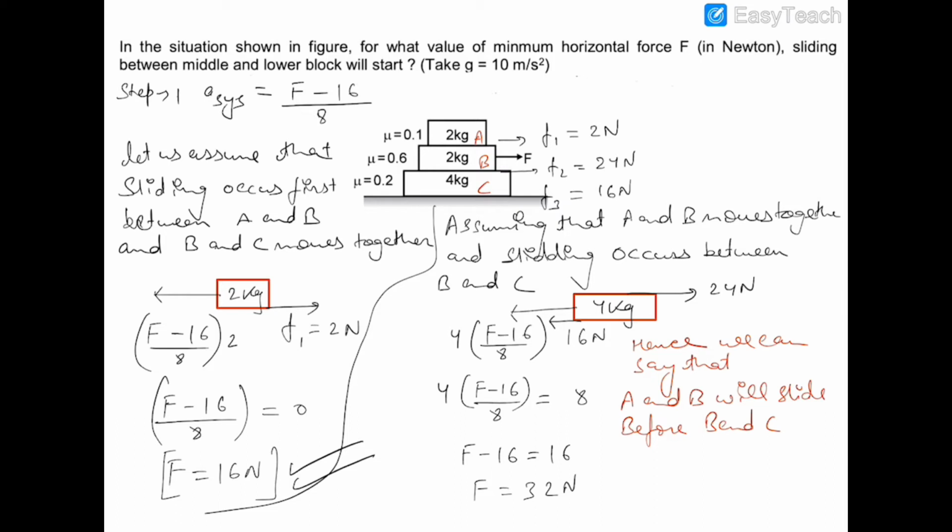Therefore all these three frictions will be acting to their peak values.